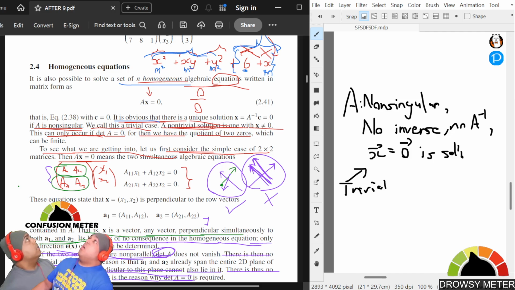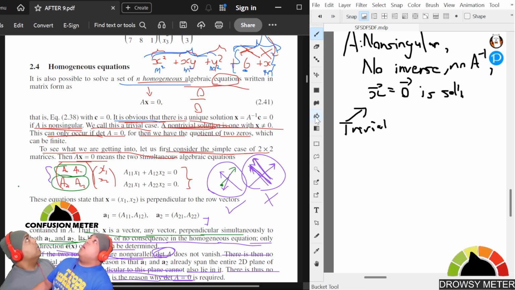A non-trivial solution is one where x is not equal to 0. Non-trivial case.